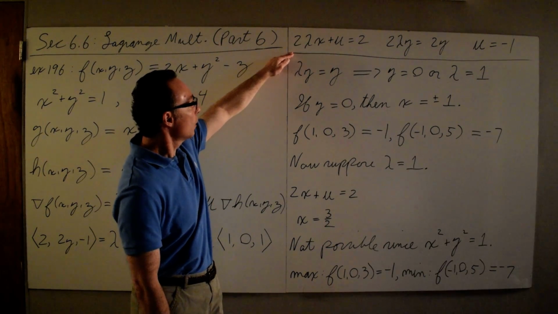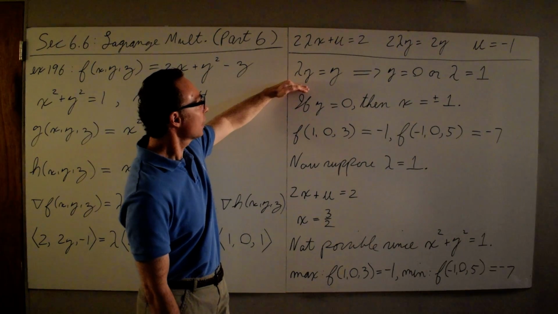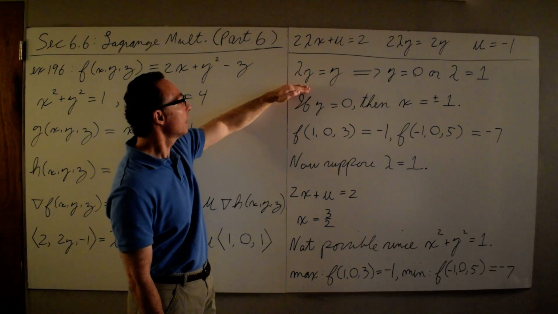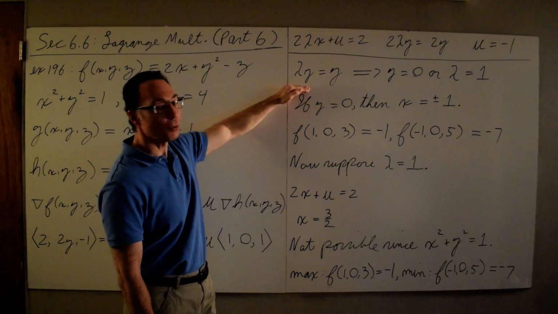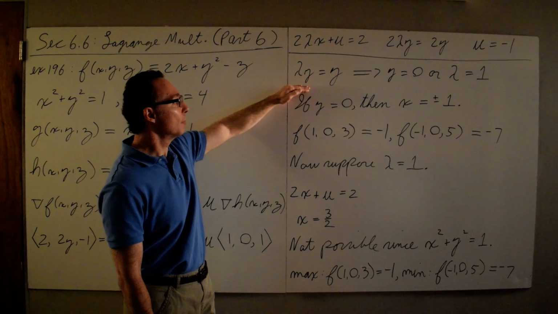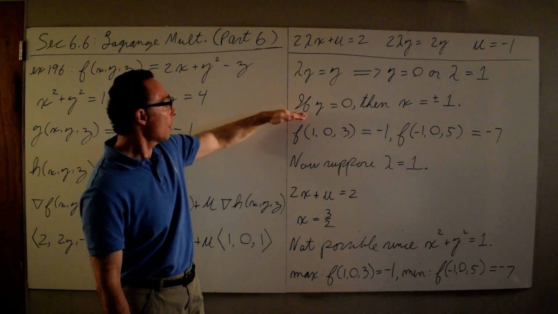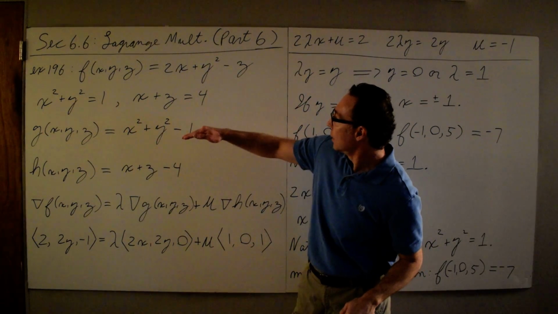So we have our three equations. Let's look at the second one. 2 lambda y is equal to 2y. So lambda y is equal to y. That tells us that either y is equal to 0 or lambda is equal to 1. So let's explore those. If y is equal to 0, go back to the first constraint.